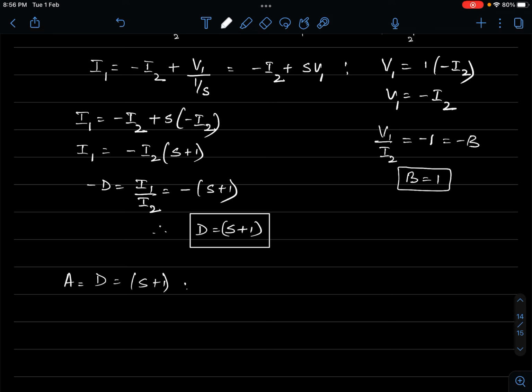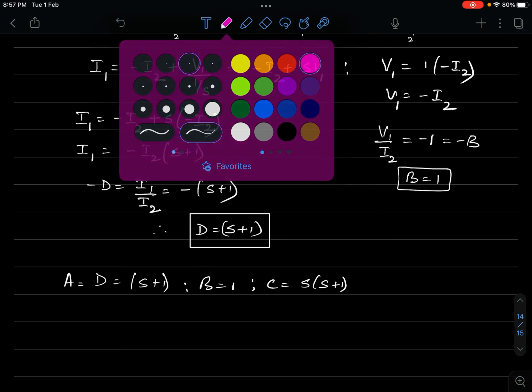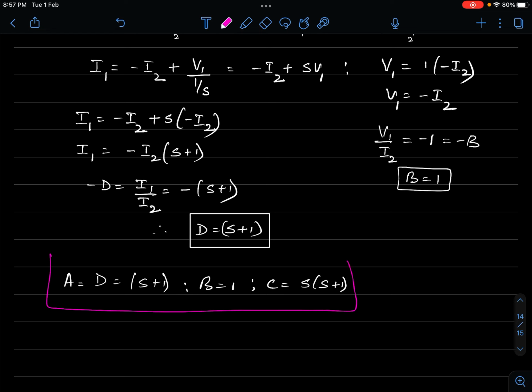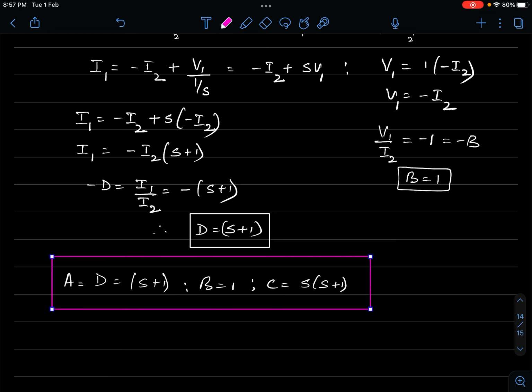We can club the two things together. What is B equal to? B equal to 1. What is C equal to? S into S plus 1. And that completes the problem. Okay, so we have determined the transmission parameters, the ABCD parameters, for the given network.